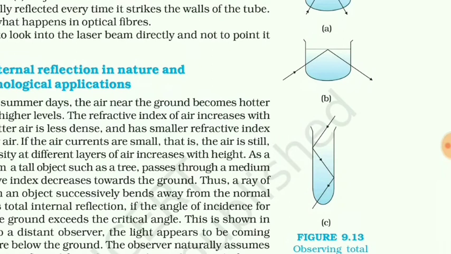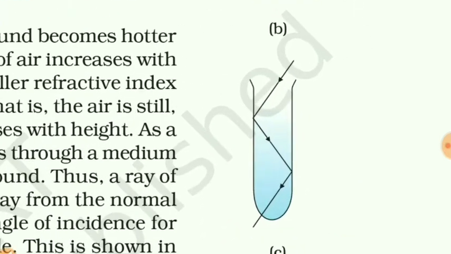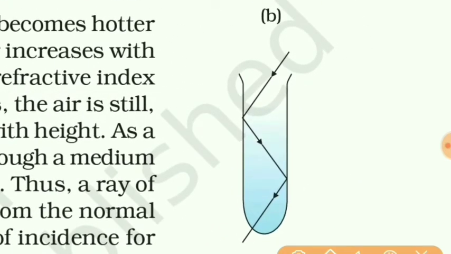Now students, here you can see a test tube is shown and a ray of light enters a test tube filled with water. So what happens when the ray of light is moving in the water, and then strikes the surface of the glass?